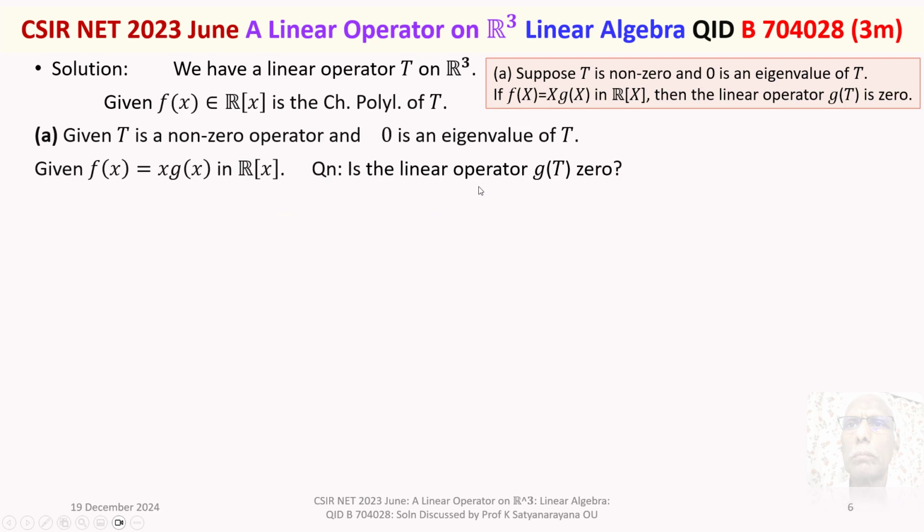Our question is, is the linear operator g of T 0? That's the question. Is it 0?